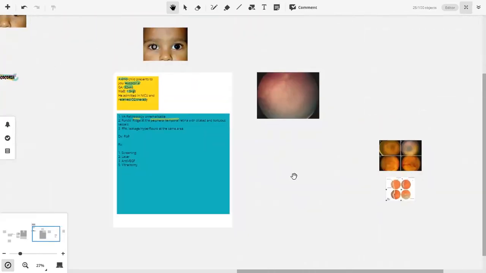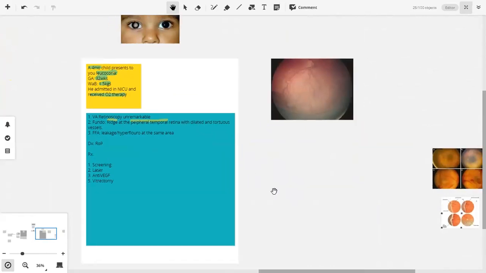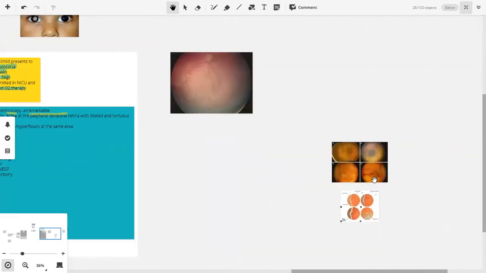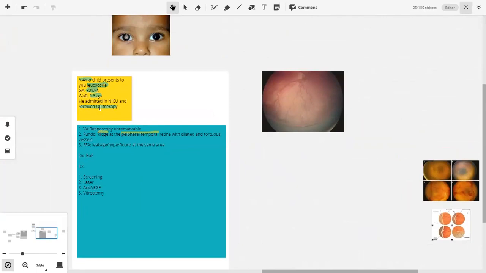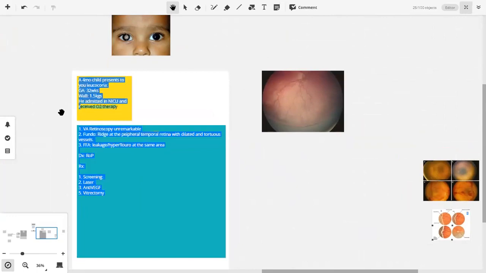Briefly reviewing this case, a patient of retinopathy of prematurity will be a young child, usually in the first 6 months of his life. He will present to you with leucocoria if he has stage 4, 5, or severe stage 3 disease. Otherwise, his history will include that he was born prematurely, he had low birth weight, and most importantly, he received supplemental oxygen therapy.